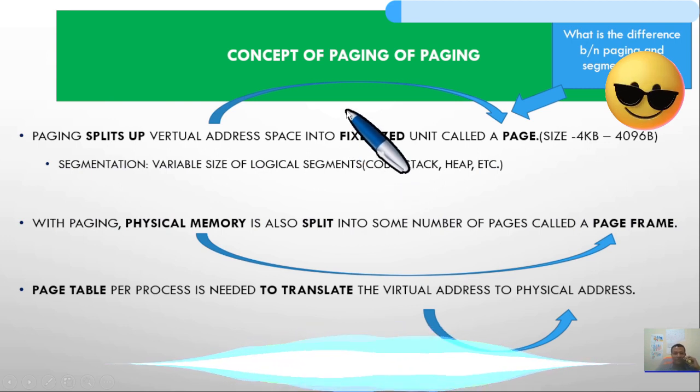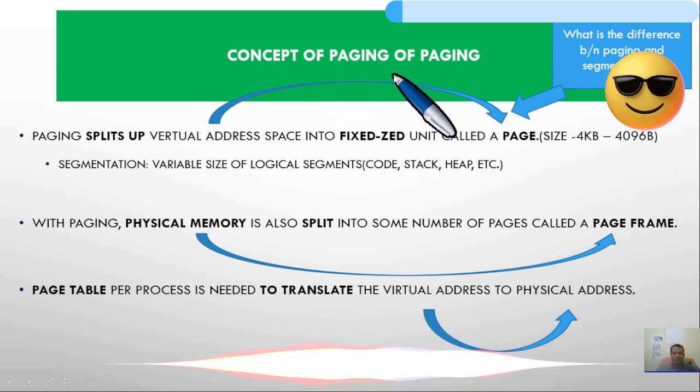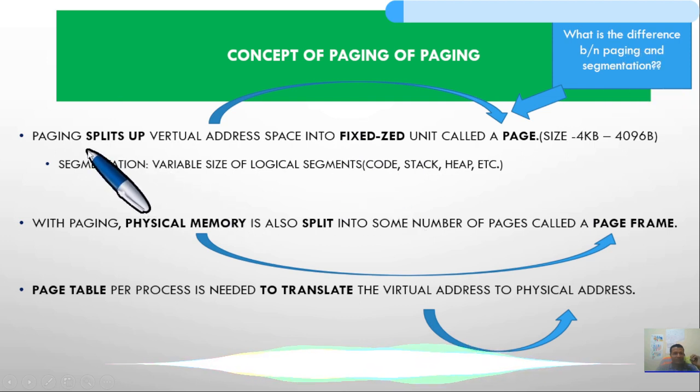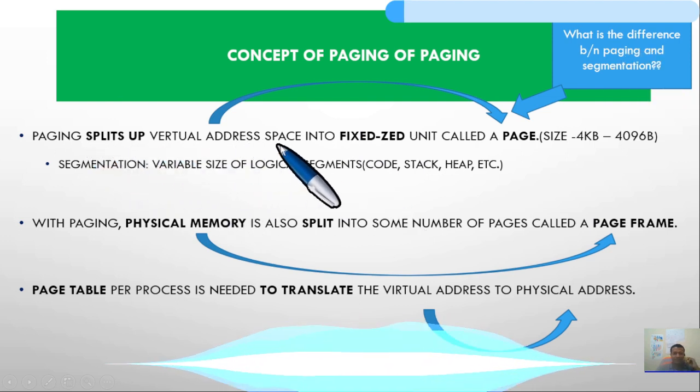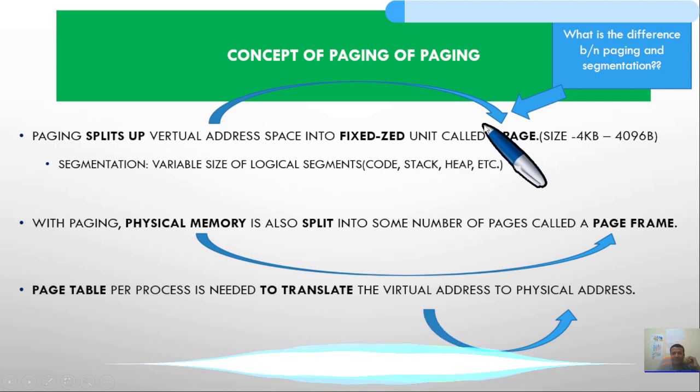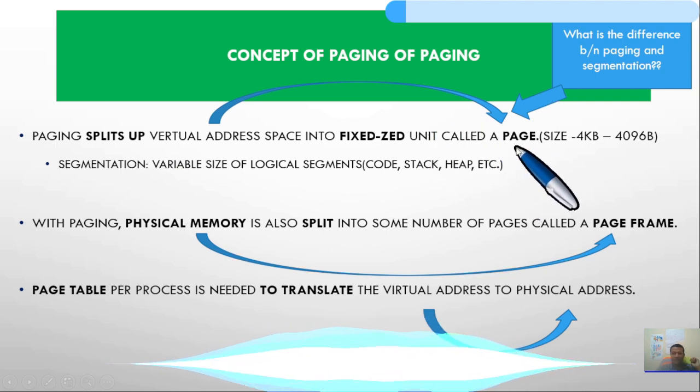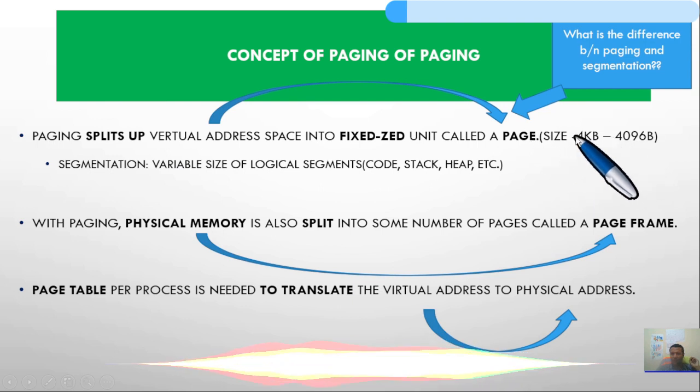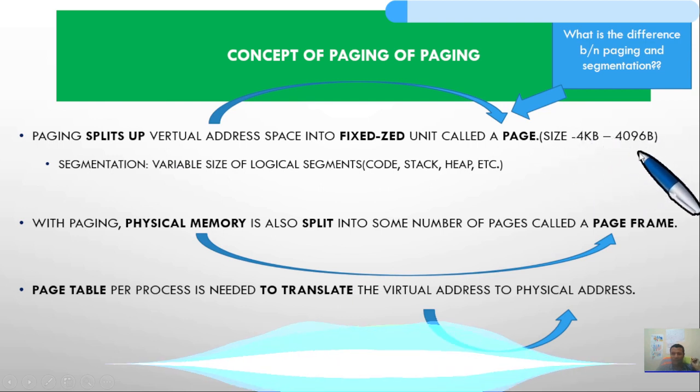So as you can see, what is the concept of paging? Paging splits a virtual address space into fixed size units called pages, and most of the time the page size is 4 kilobytes, or 4096 bytes.